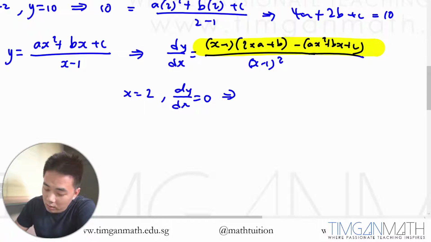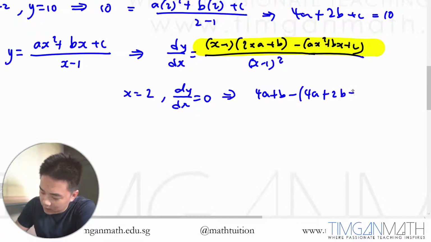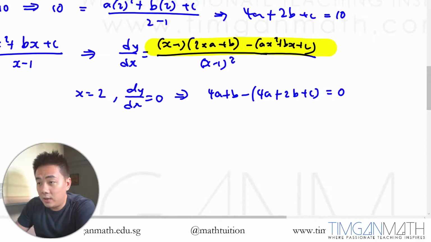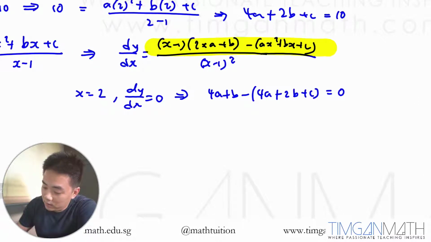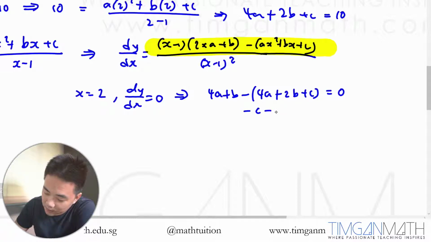So here, substituting 2, I will get 4a plus b minus 4a plus 2b plus c equals 0. The last expression I could reduce to minus b minus c, so minus c minus b equals 0.